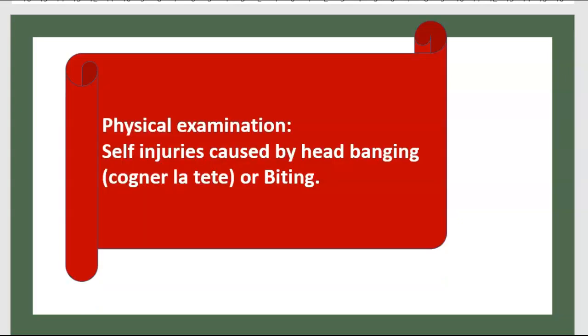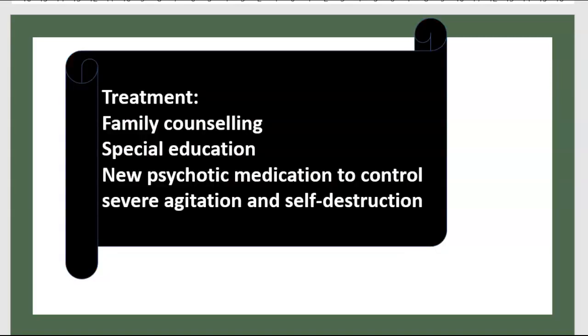Physical examination may show self-injury caused by head banging or biting. Treatment is mainly family counseling, a special team for education, and there is a new psychotic medication to control severe agitation and self-destruction.